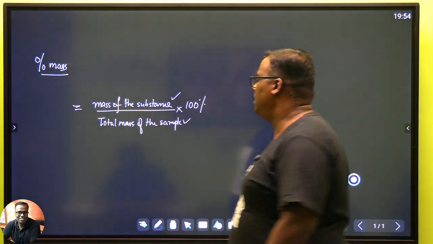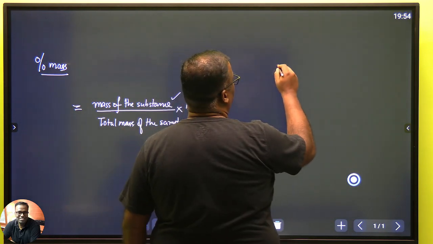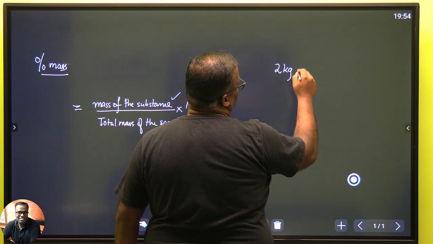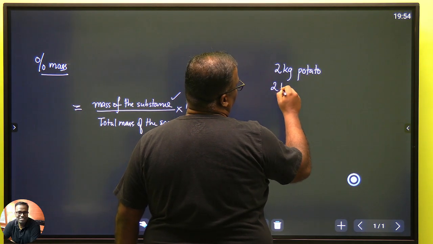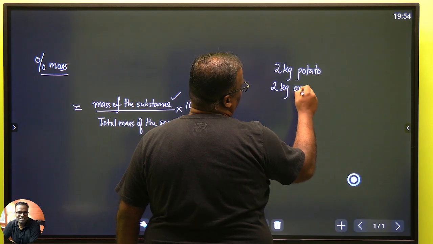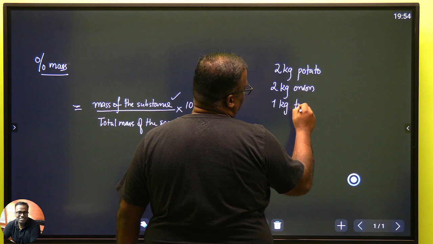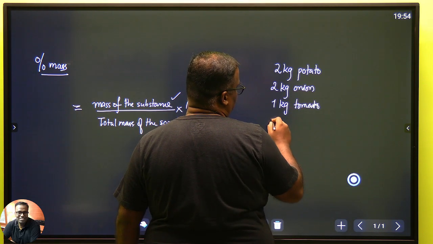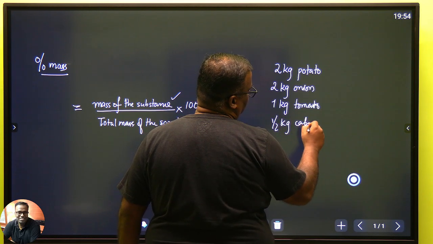Okay, a very easy example for this. Our friend Ashmita went to market and she brought 2 kg potato. ठीक है? She brought 2 kg onion. She brought 1 kg tomato. And she brought, say, half kg capsicum.